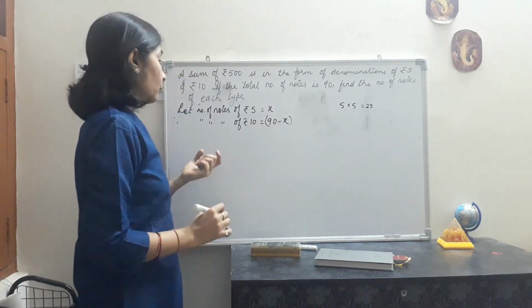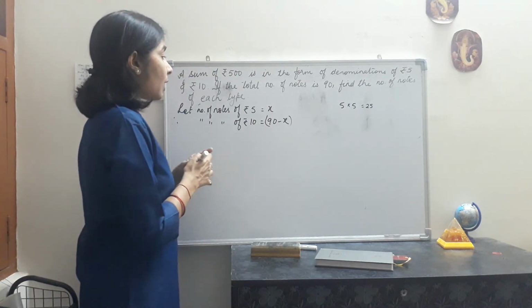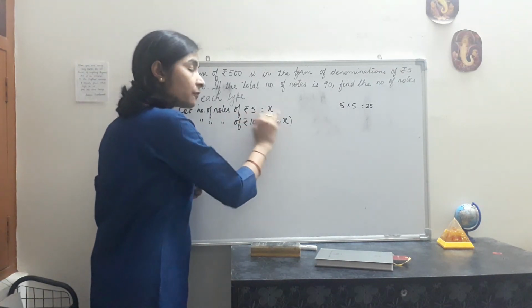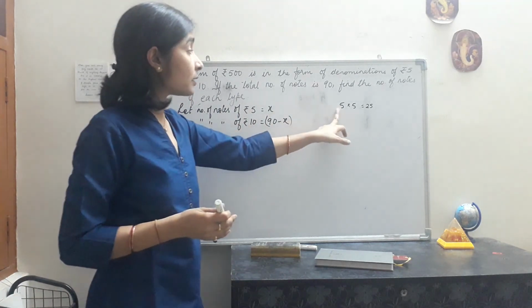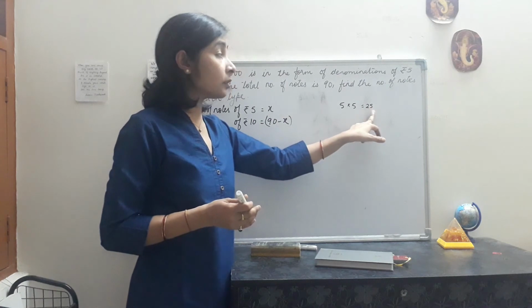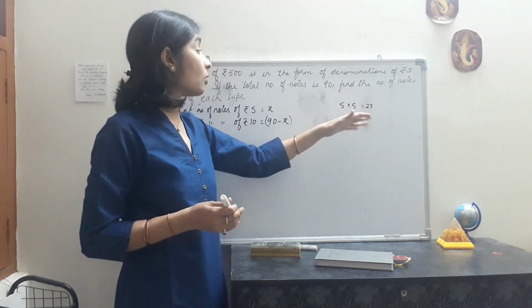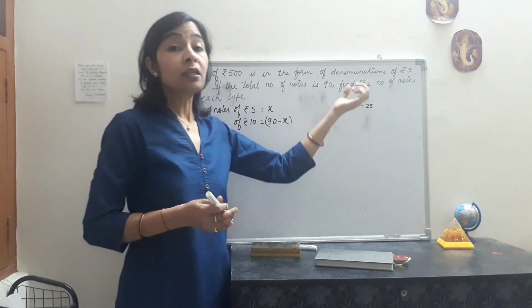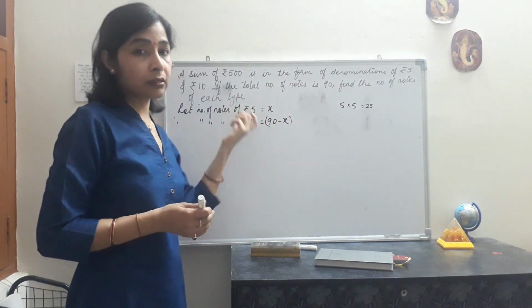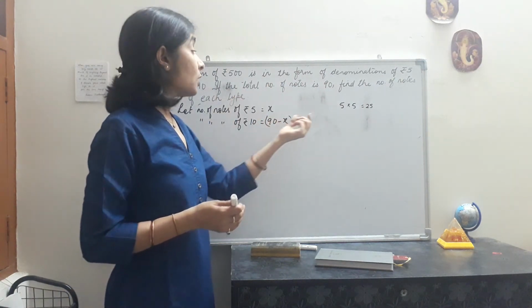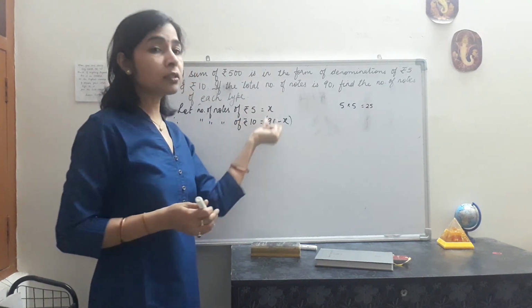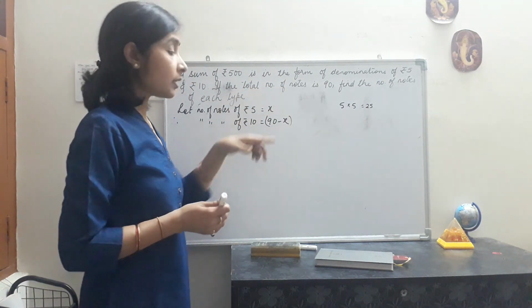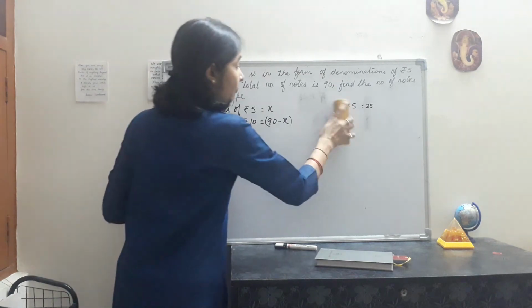Now, if we want to know the amount of rupees 5 notes, then what will we do? 5 into x. As I gave you the example in the beginning, if I want to know the total amount paid in a denomination of notes, I just multiply the number of notes by the denomination amount. So the amount paid in rupees 5 notes is 5 times x.